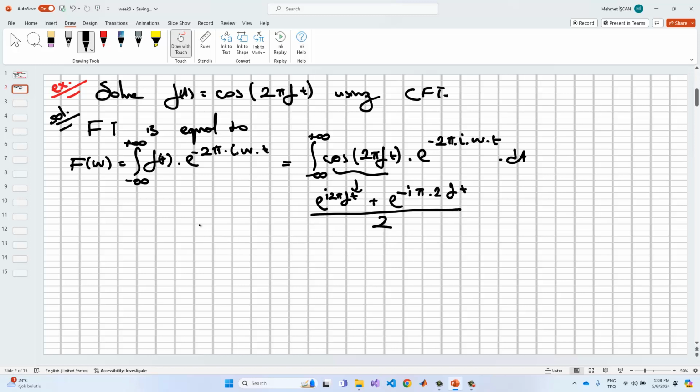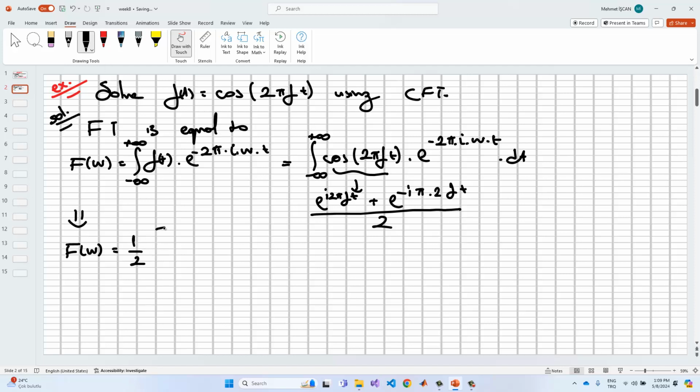In order to solve this integral, we should know that everything must be represented with the i term, the exponential term in here. And then the integral is easy to be solved, okay? And so, we have the F(w) in here, just like this one, 1 divided by 2, or these terms in here.